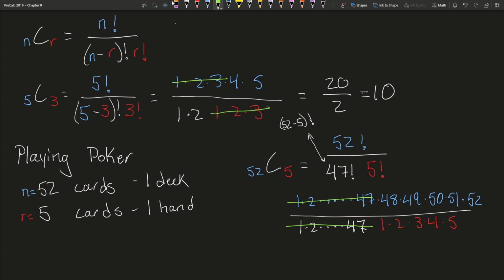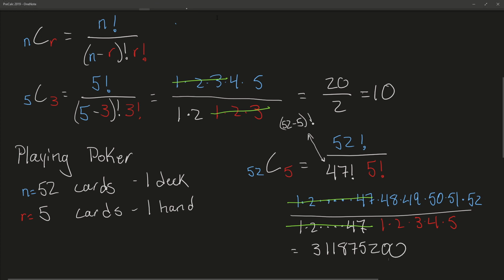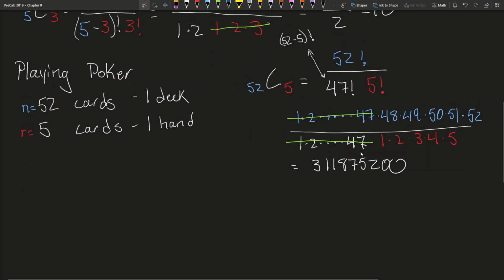And if we plug that into a calculator, we get this gigantic number over 5 factorial, which is 120.